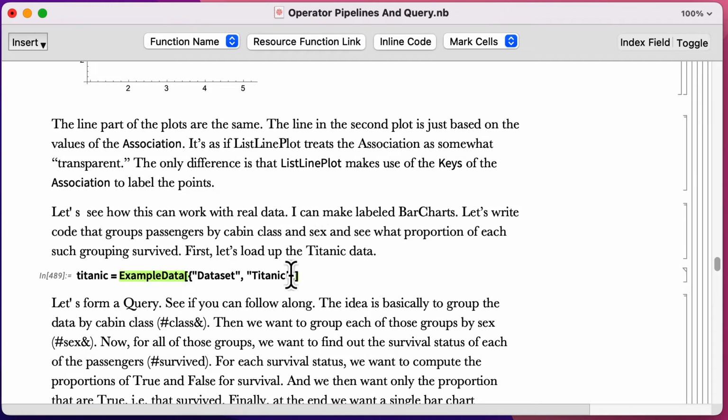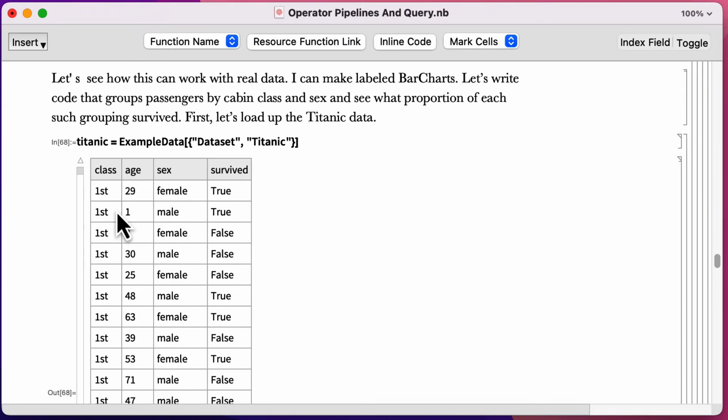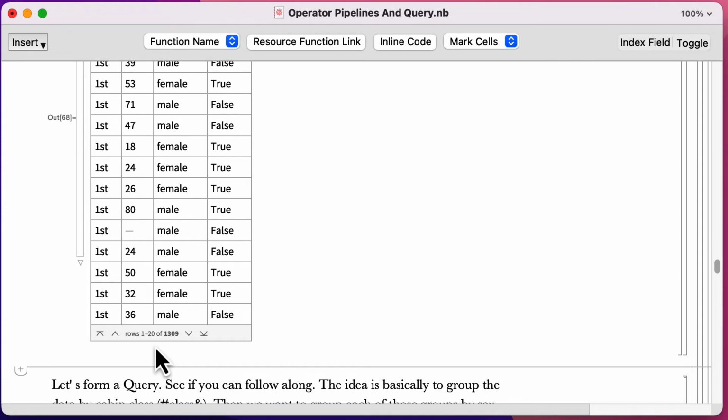So Wolfram Language comes with a Titanic database, and there it is. So here's our Titanic data set. You can see we've got information on the cabin class, the age, the sex or gender, and whether they survived or not. And we've got information on 1,309 passengers. Some of the information is missing, which is what those dashes represent.